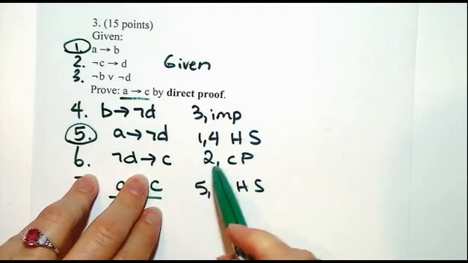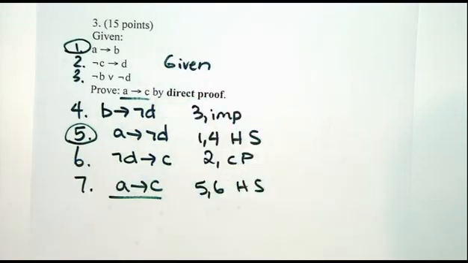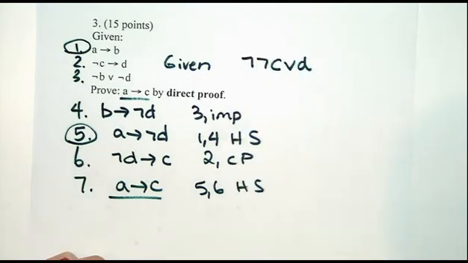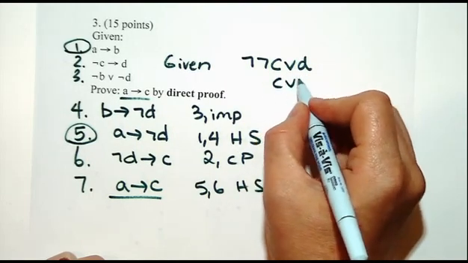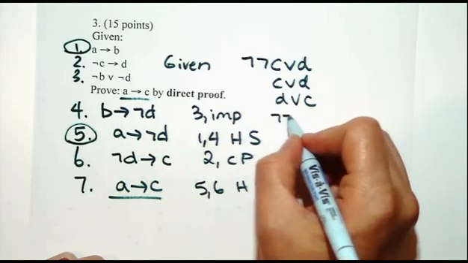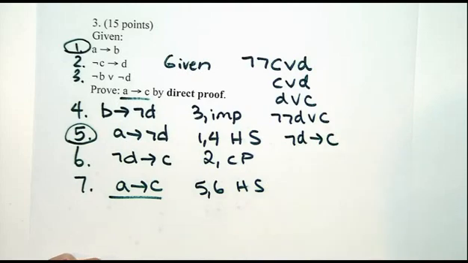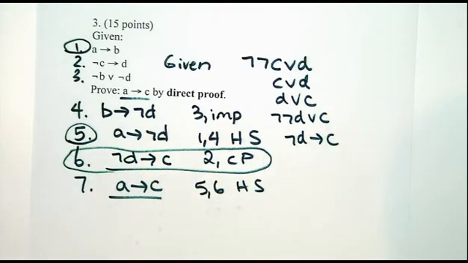Okay, so line 6 came from line 2, which is not C implies D. And remember that that's actually logically equivalent to not not C or D, right? And that is also logically equivalent to C or D, which is the same as D or C, right? Which is the same as not D or C, which is the same as not D implies C. And the contrapositive rule actually lets us go straight to that.